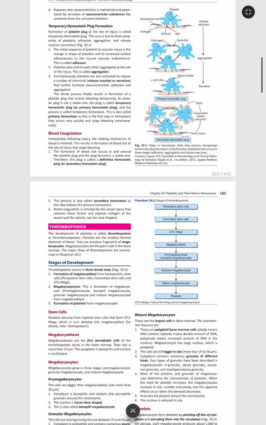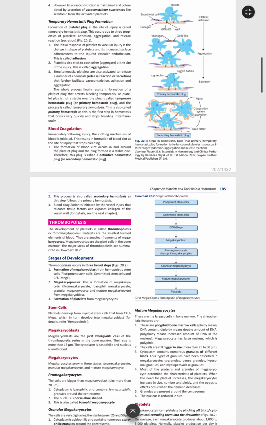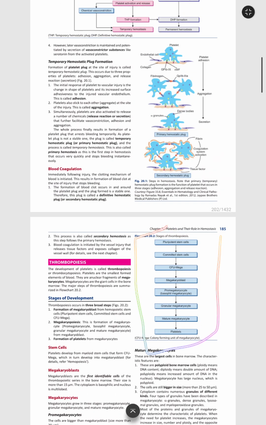Now thrombopoiesis. Yeah, this can be asked in viva. So same pluripotent stem cells, committed stem cells. Basically stem cells then give myeloid progenitor cells.